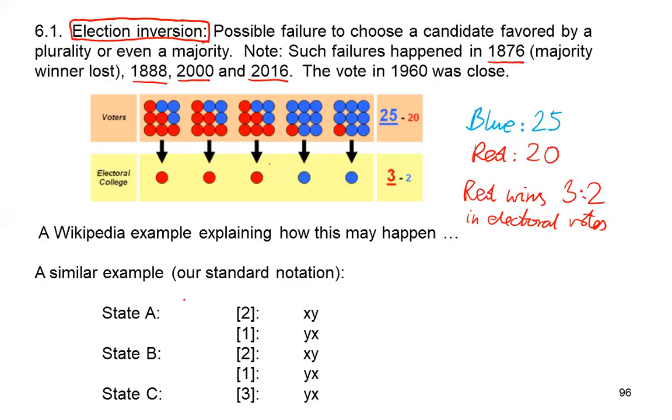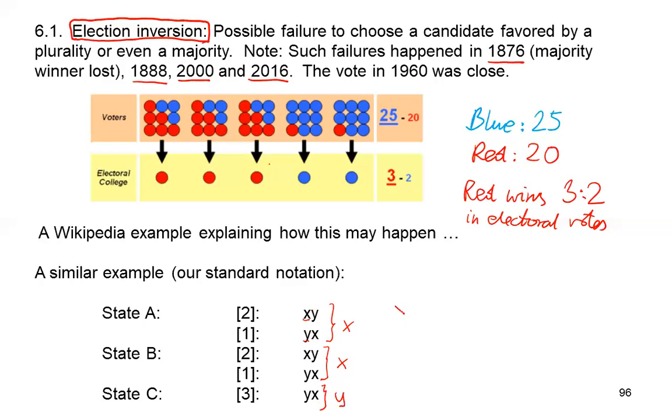A similar example in our standard notation, and I think this is the simplest example that we may have, is that we have 3 states, 3 voters per state, and 2 candidates X and Y. In state A, 2 votes for X, 1 vote for Y. X is the winner. In state B, the same story. X is the winner. In state C, 3 votes for Y, and Y is the winner.